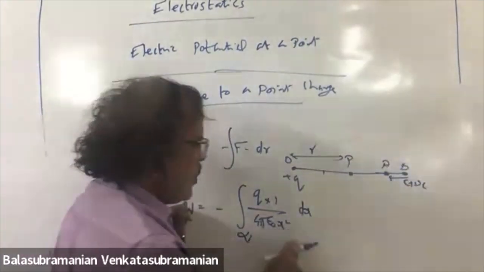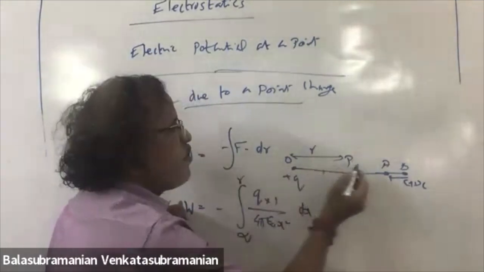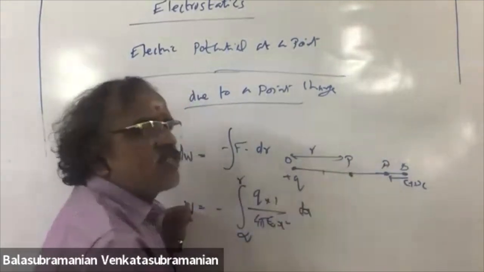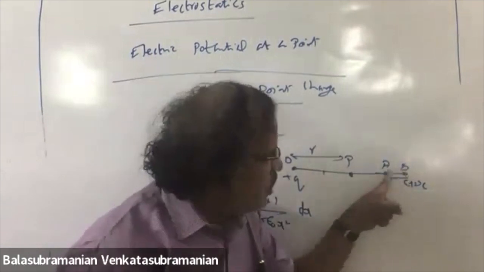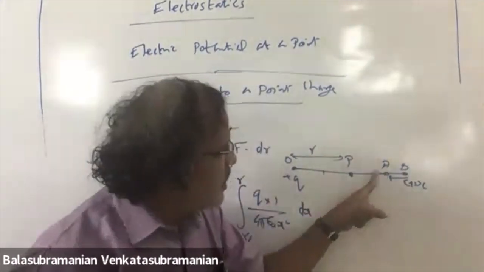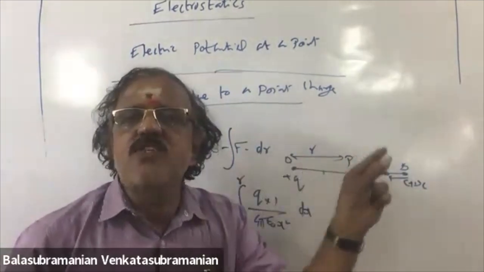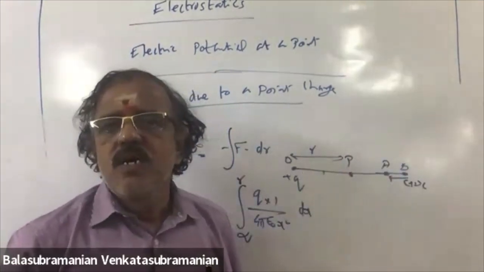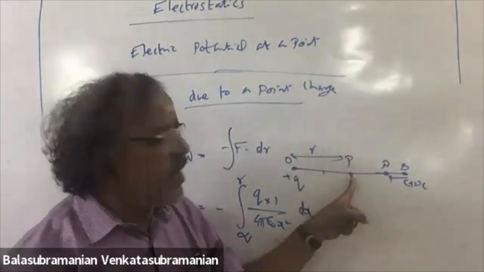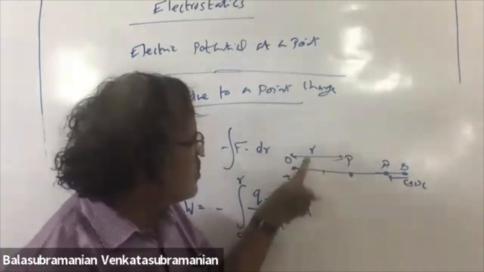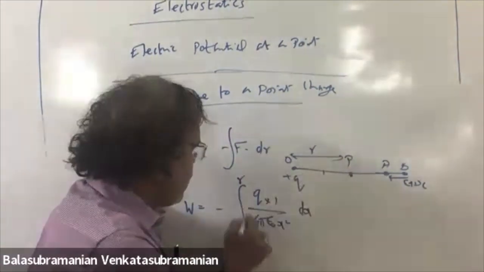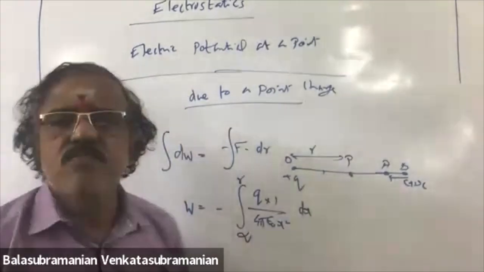So you integrate the equation up to the point B; that is your aim. Move B to A, then A the next point, and next, like that small distance you move. Finally, you have to come to the point B. What distance? R. So the limit is infinity to R.